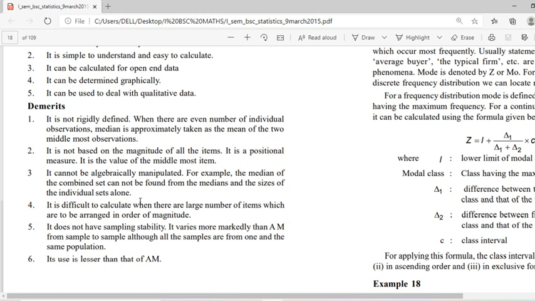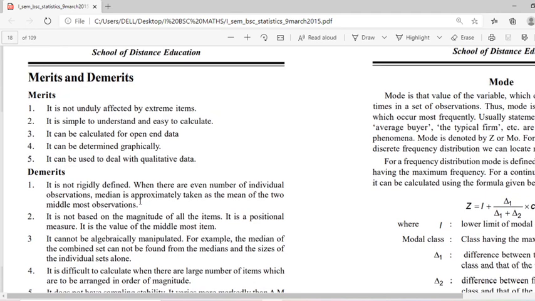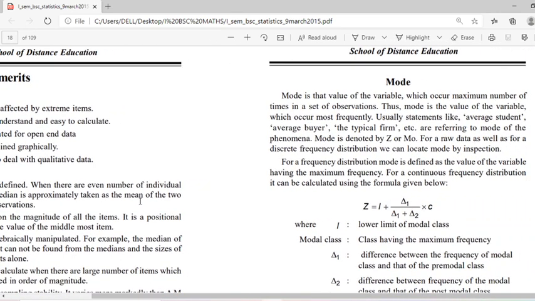It is difficult to calculate when there are a large number of items which are to be arranged in order of magnitude. It does not have sampling stability. It varies more markedly than arithmetic mean from sample to sample, although all samples are from one and the same population. Its use is lesser. We can see arithmetic mean in almost all studies, research and reports, so it is very rare to see the application of median in real data analysis.